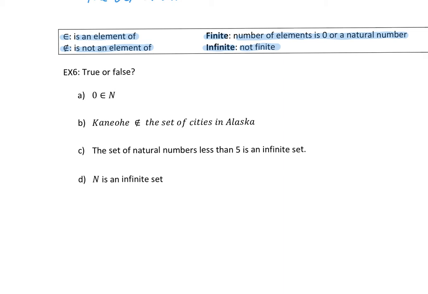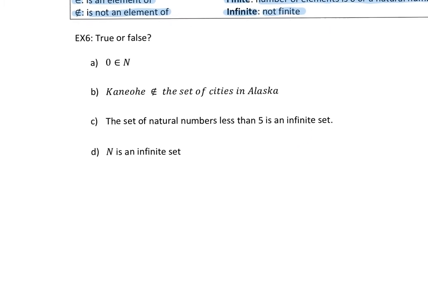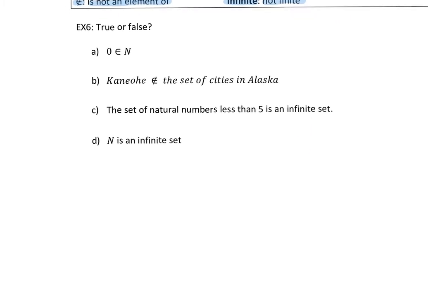In example 6, we just want to answer true or false. A says 0 is an element of the natural numbers. Okay. Now, why do I know that N means natural numbers? Well, oftentimes you will see certain letters that are used to label a set.